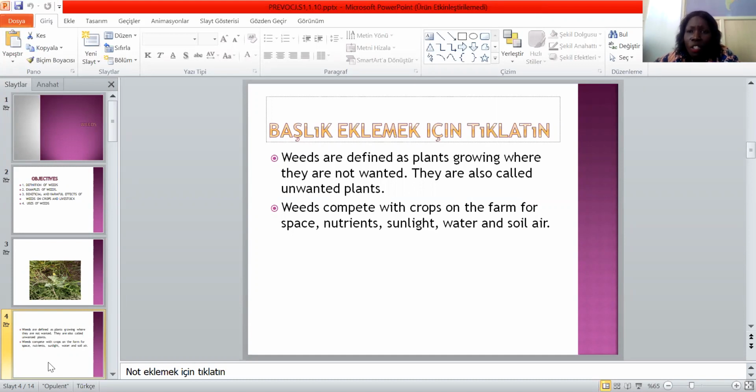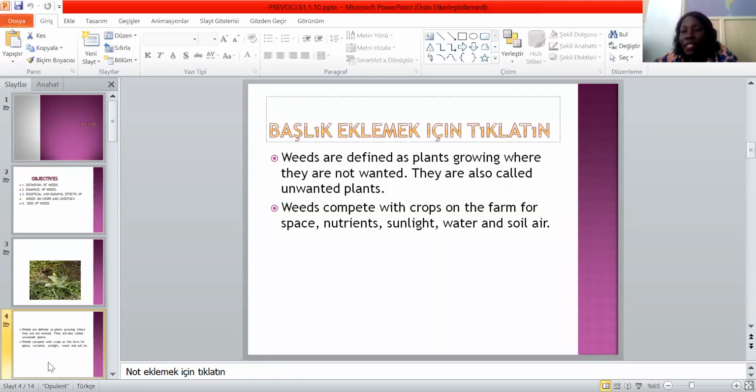Once the weather condition is favorable and other conditions are favorable to the seed in the soil, they will begin to germinate. So any plant you find in your farm that you did not plant is referred to as weed. For example, if you have a maize farm and you find rice growing, you did not plant the rice, so rice can be classified as an example of weed on your maize farm.